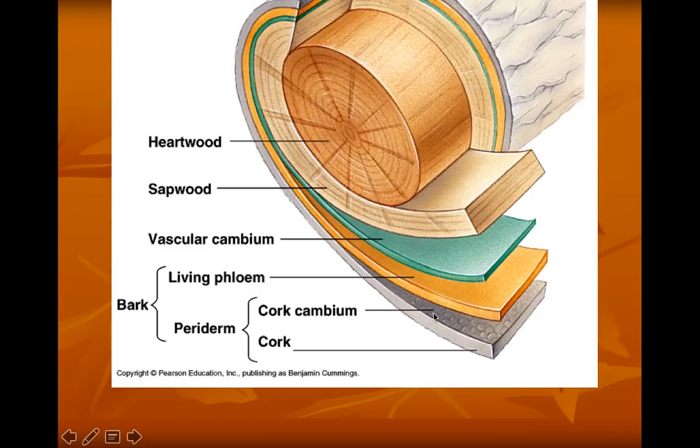And what that's made of is another type of secondary growth tissue called cork cambium, and that is used to grow cork, which is going to be that protective layer that's going to help prevent water loss and protect all these inner structures.